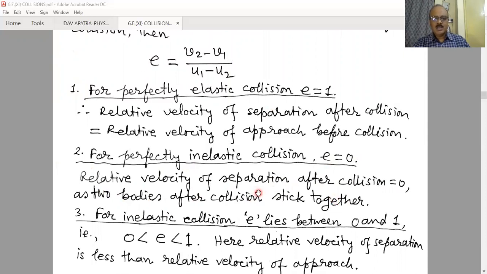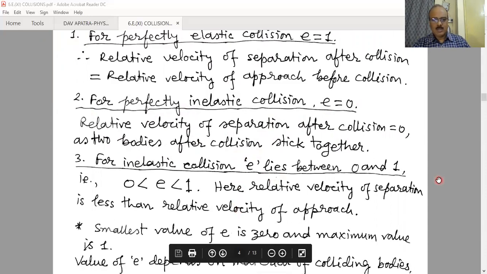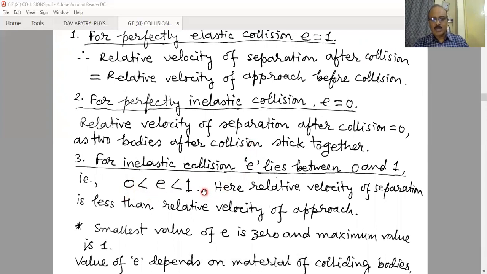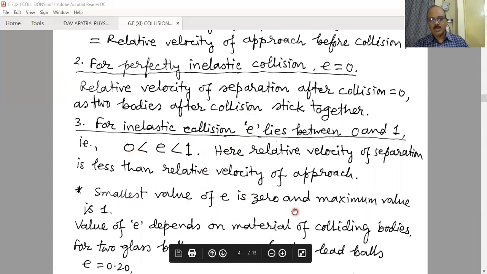Now, for an inelastic collision, which is neither elastic nor perfectly inelastic, E lies between 0 and 1. That means the relative velocity of separation is less than the relative velocity of approach; E is not 0 and not 1, but a fractional number between them. Therefore, the smallest value of E is 0, for a perfectly inelastic collision, and the maximum value of the coefficient of restitution is 1, for a perfectly elastic collision.